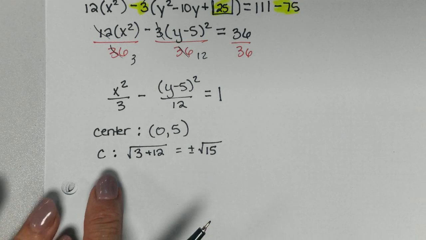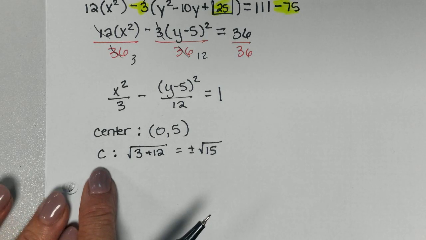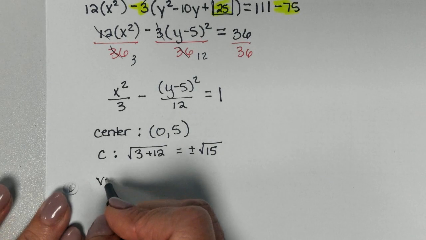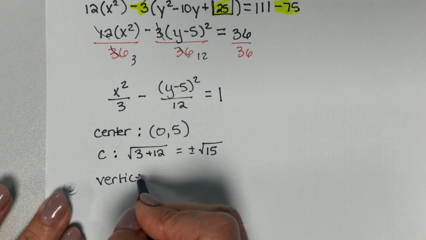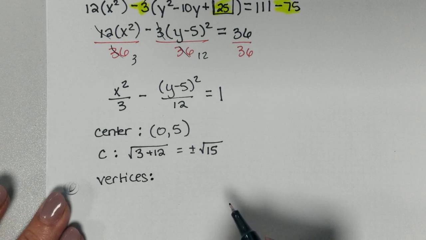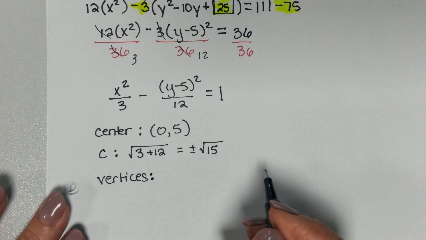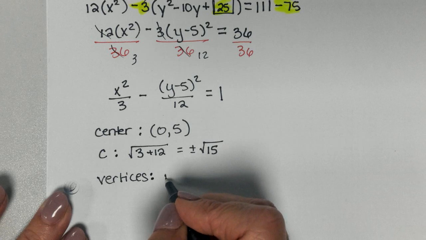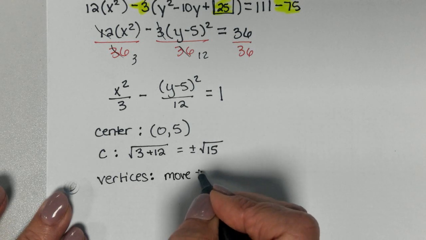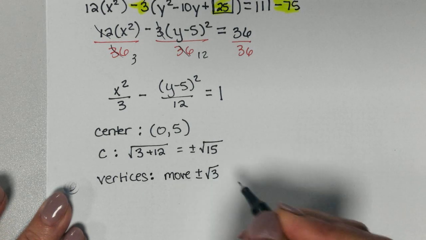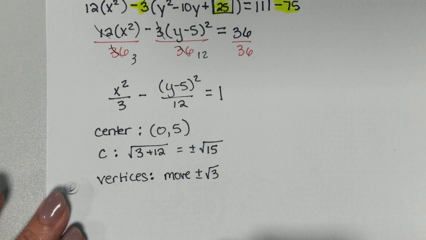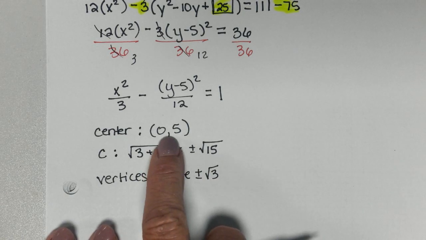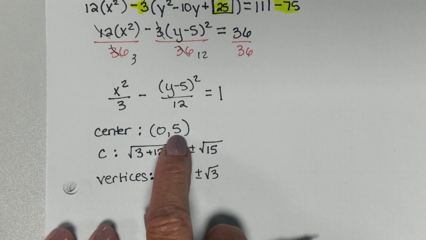To find your vertices, we have to take the square root of our a value. And the value of a is 3, so we have to move plus or minus the square root of 3. Now, is this going to affect the x or the y coordinate of our center?